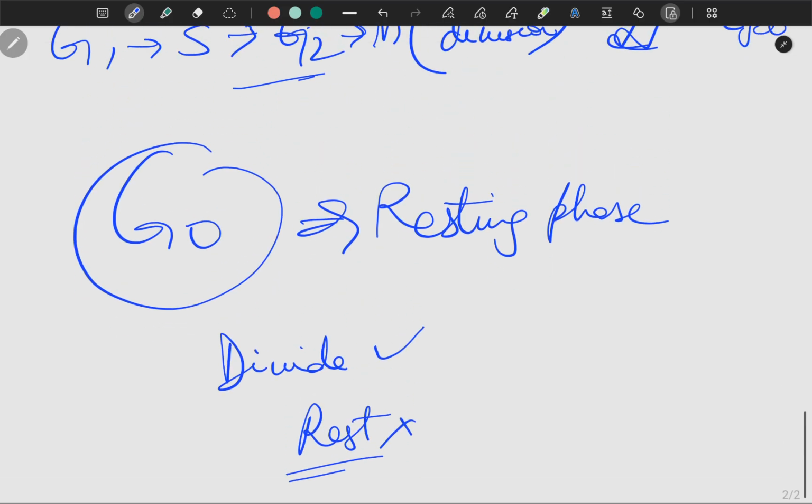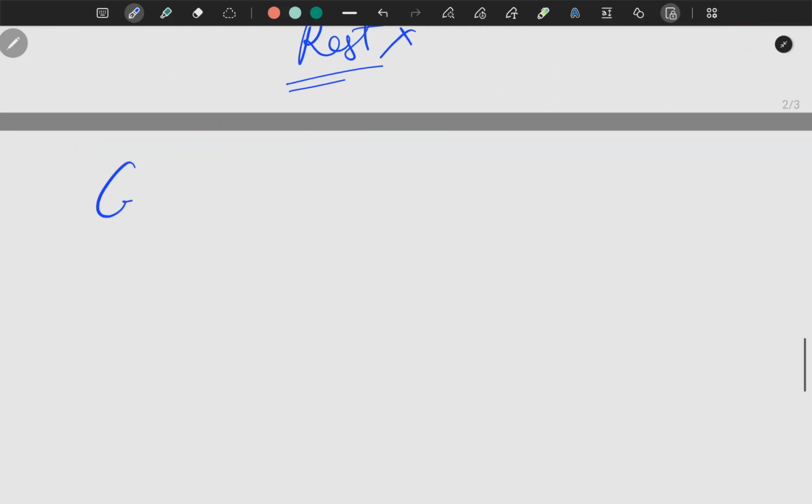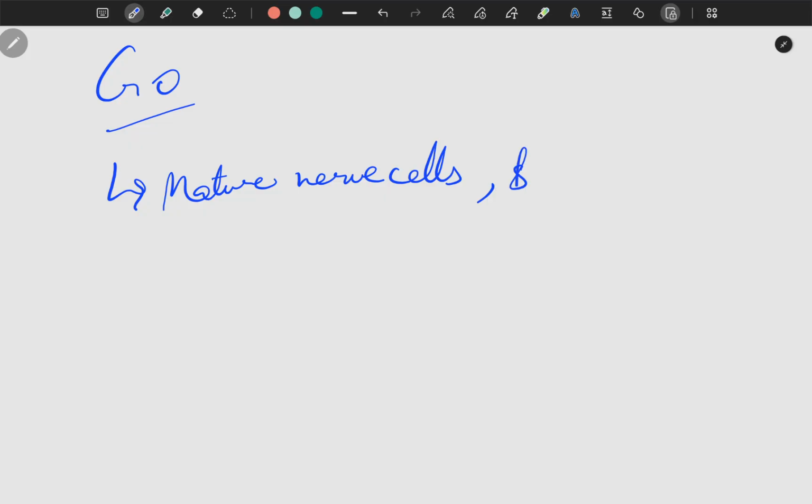Most of the human cells are in G naught phase. Why? Because mature nerve cells and also muscle cells stay in G naught phase until they are fully developed.